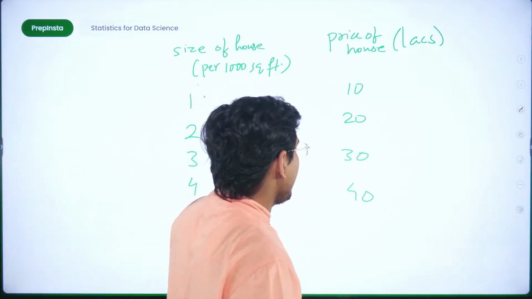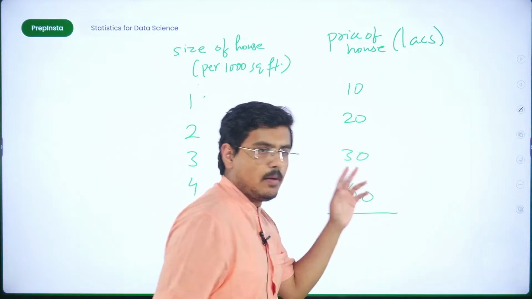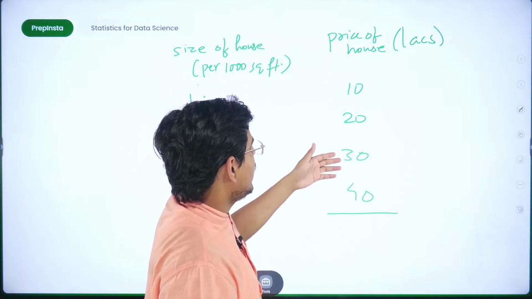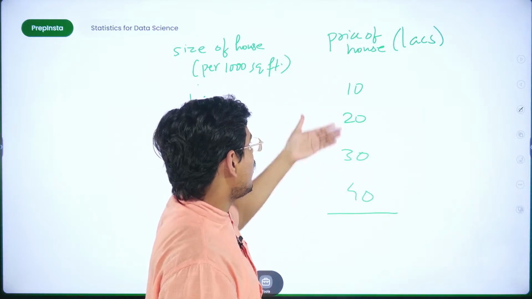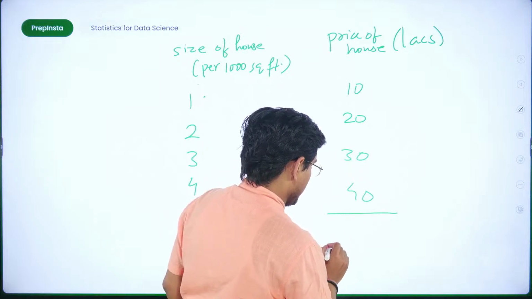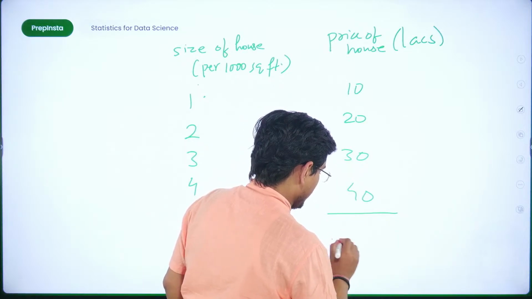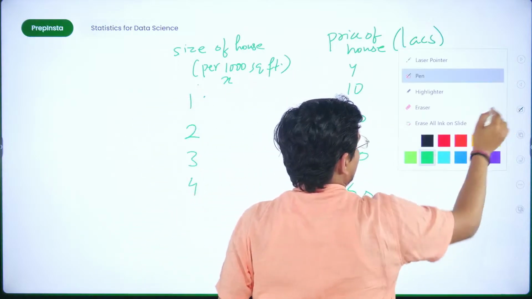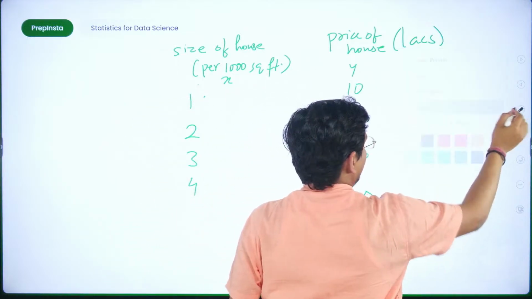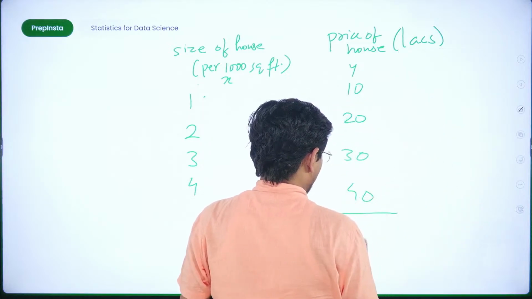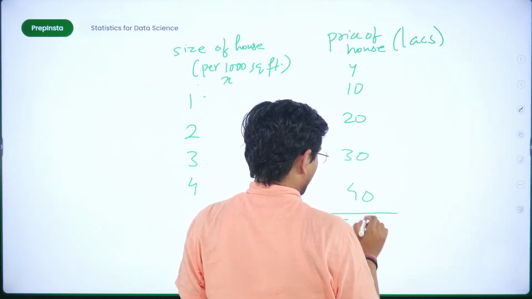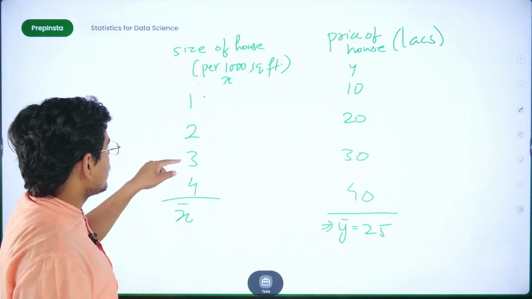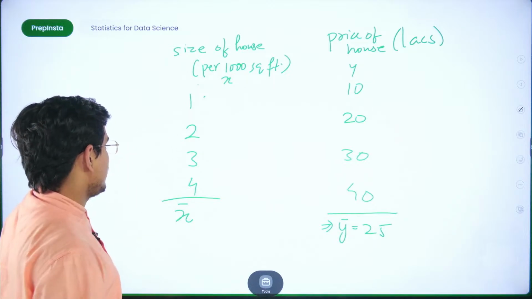Now if I try calculating the sample mean of it, what would it be? 40 plus 30, 70, and 30, 100, and 100 out of 4, so 25 is here. I should write x bar, pardon, this is y. So let's treat it as y, this as x. So I would suggest writing this as y bar. So y bar equals 25, and here x bar, what can it be? 4 plus 3, 7, 2, 9, and 10, 10 out of 4.